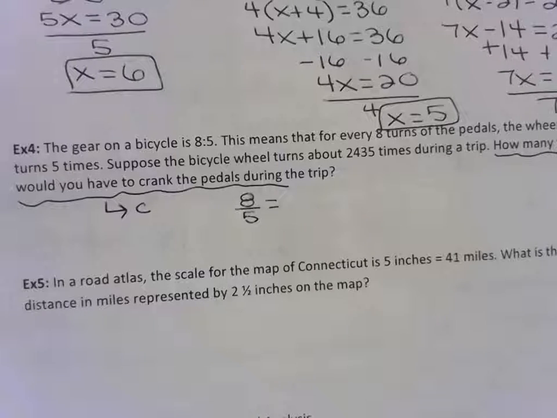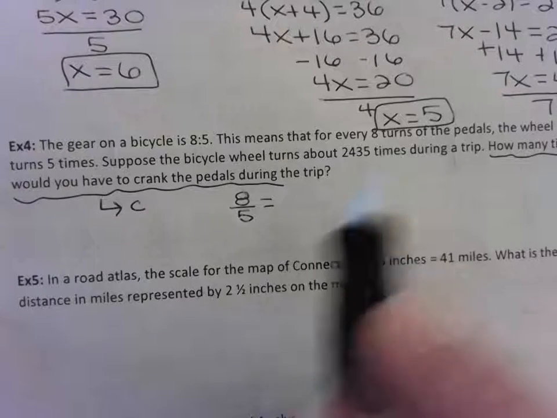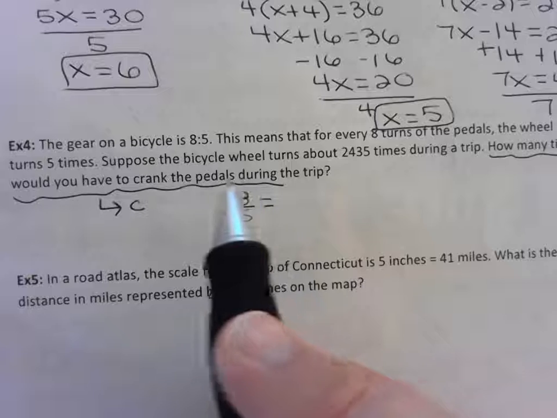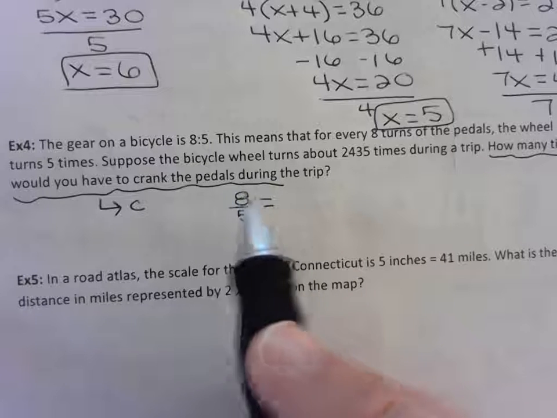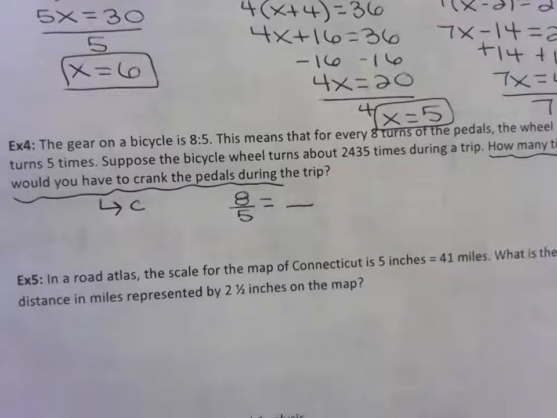As I set up a proportion, you have to keep the numerator and denominator the same. So what does 8 represent? Turns of the pedal. If the numerator of the first ratio is the turns of the pedal, what represents the turns of the pedal?